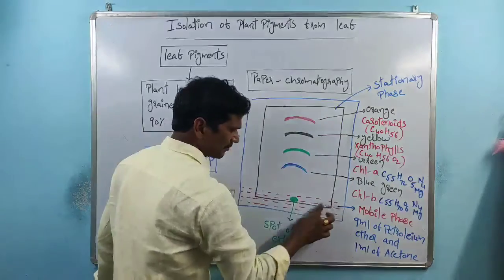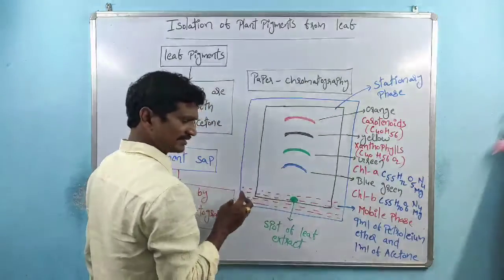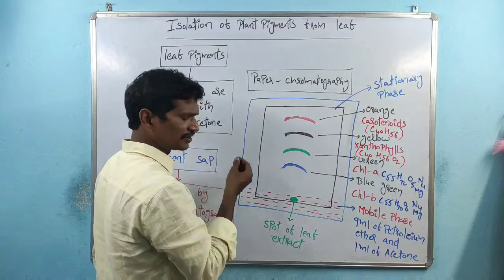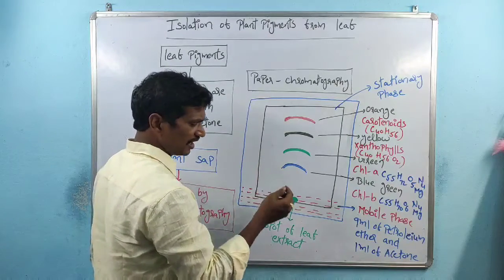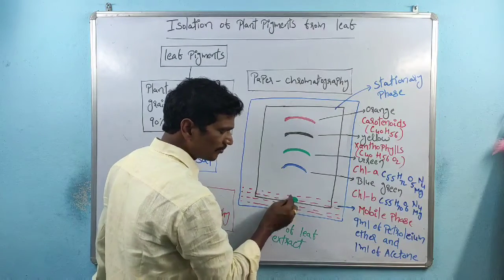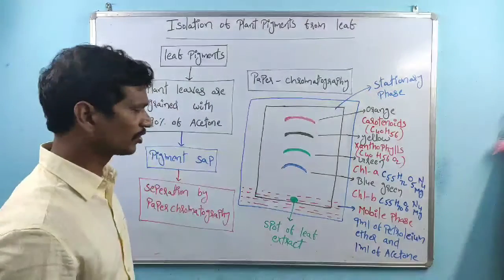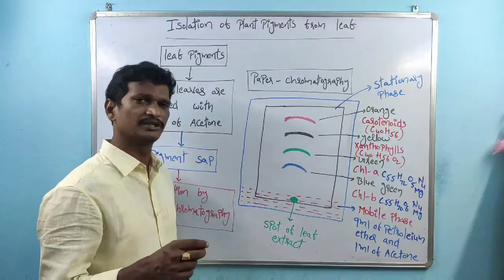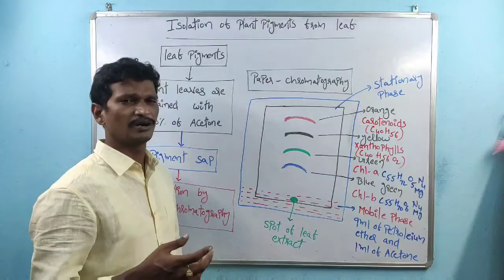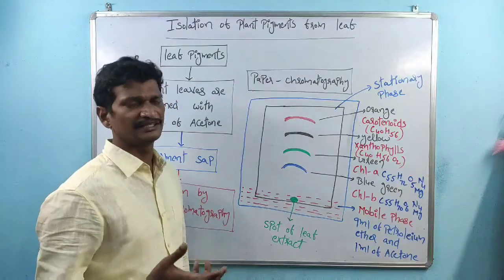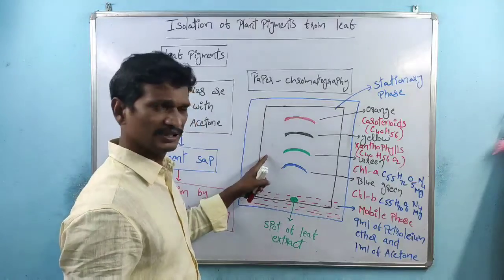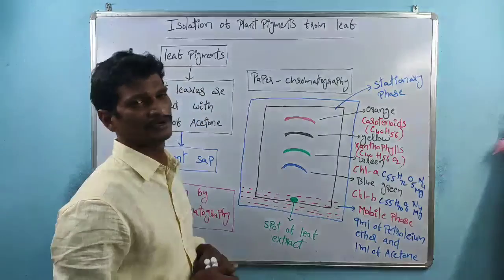We spot it at the bottom of the paper, and after spotting we need to wait for it to dry. Once the spot is dried, the paper is inserted inside the chamber.